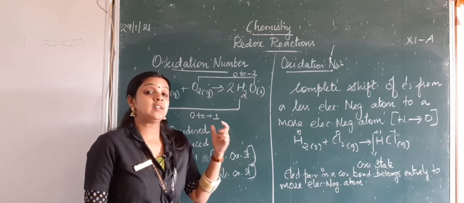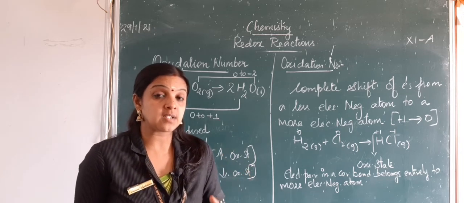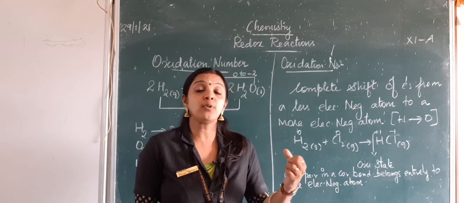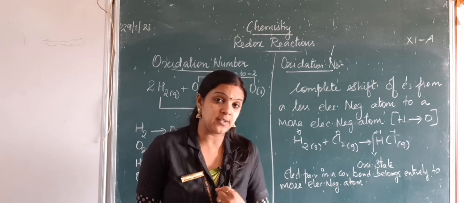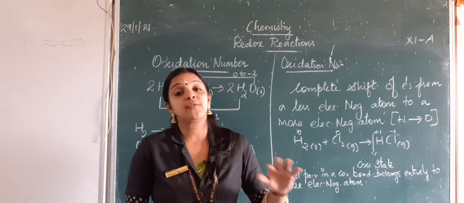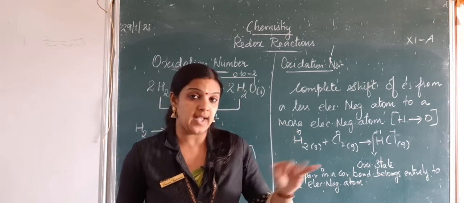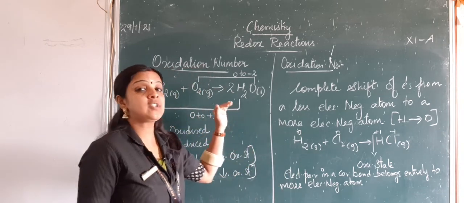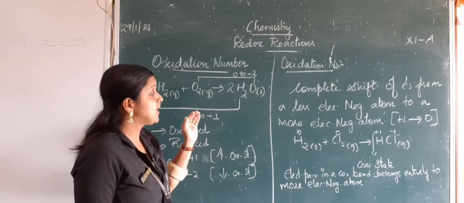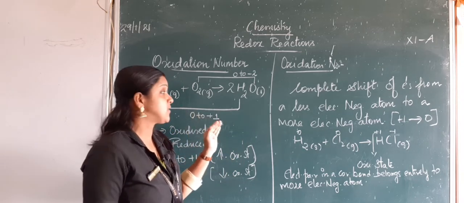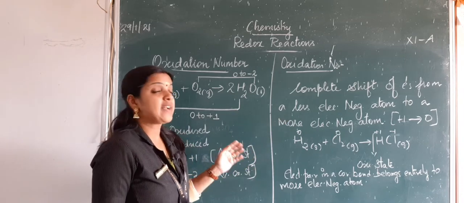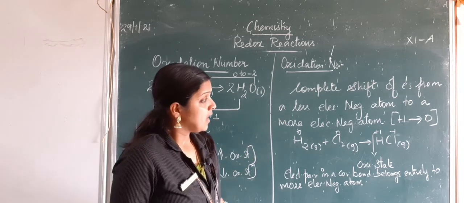During dipole moment also, we have learnt the more electronegative atom has a tendency to attract the electrons towards itself from the less electronegative atom. So as far as hydrogen and oxygen are concerned, oxygen being more electronegative, it tends to attract the electron from hydrogen. So there is a complete shift of electrons from hydrogen to oxygen.